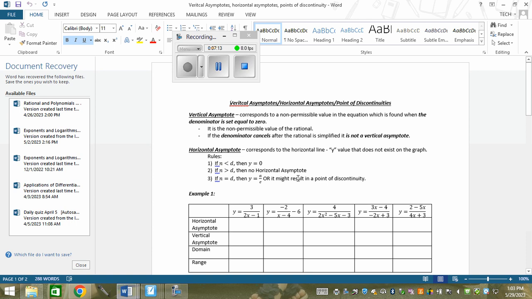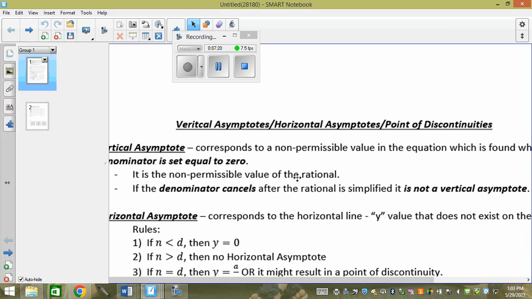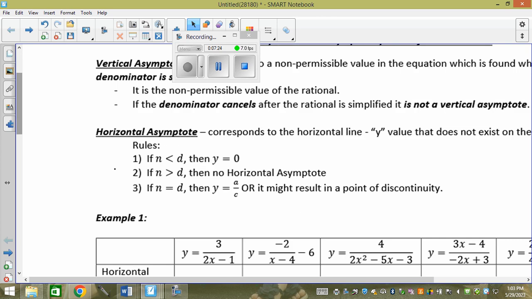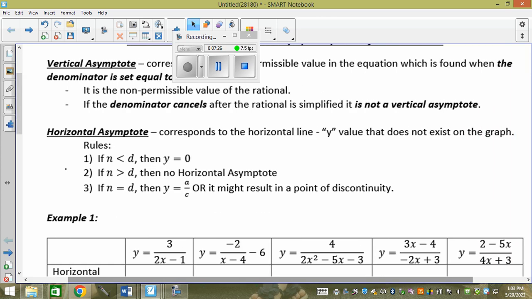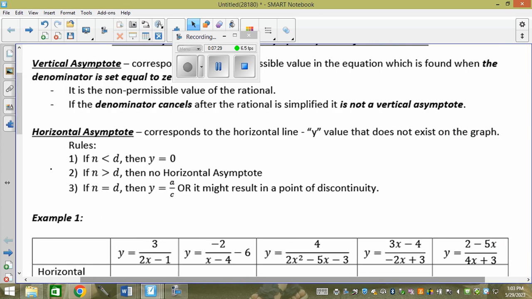Last year we did operations: addition, subtraction, multiplication, division. This year we're just looking at the graphs of them. Literally, that's it. Look at the graphs of them, transforming the graphs of them.